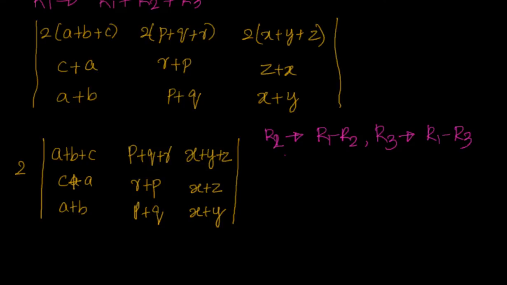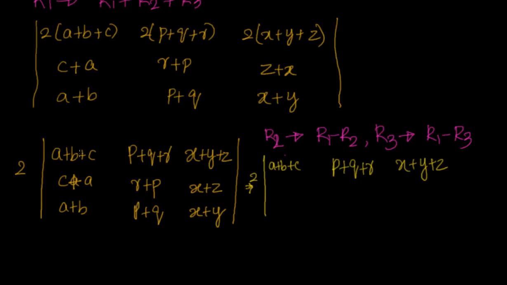Now let us see what it looks like. The first row will be as it is. So I'll have a plus b plus c, then p plus q plus r, and x plus y plus z.